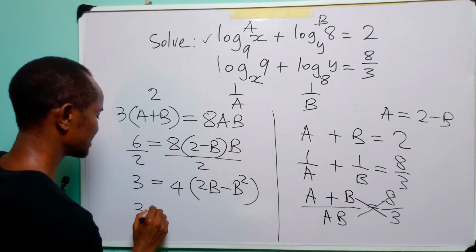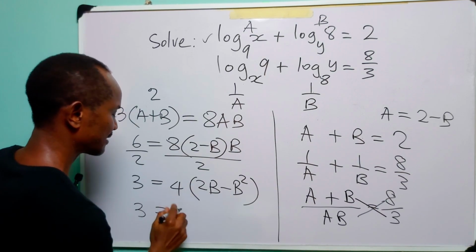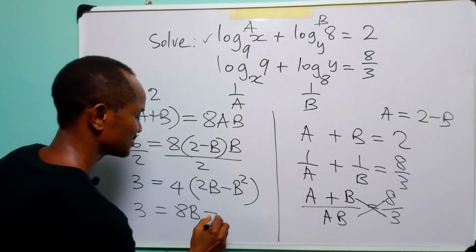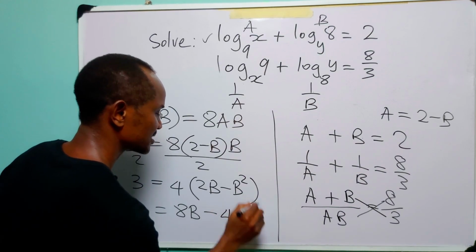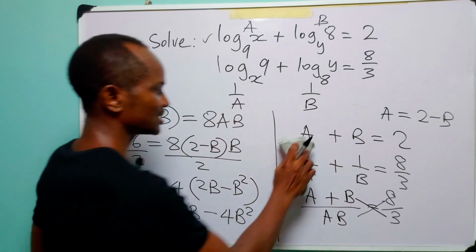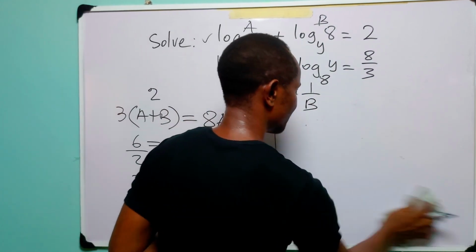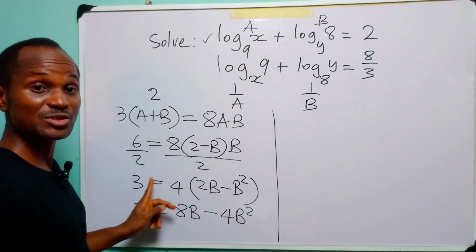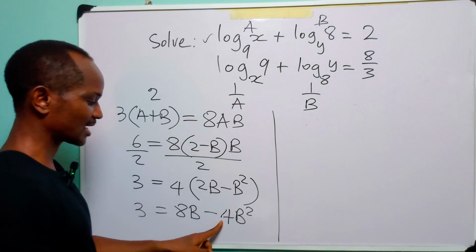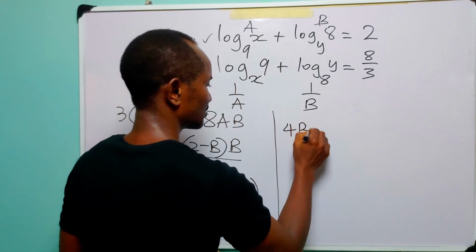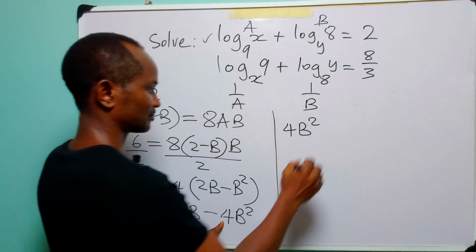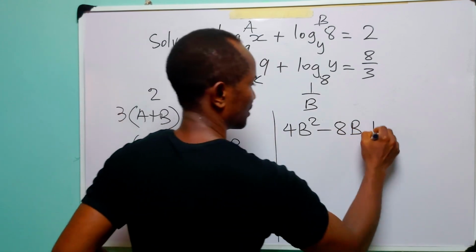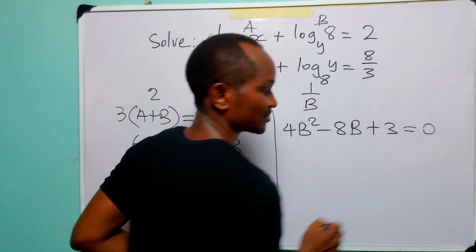So we have that 3 is equal to 4 times 2b is 8b, and 4 times b squared is 4b squared. Rearranging this equation, we can bring all the terms over to the left-hand side, and when we do that, we have that 4b squared minus 8b plus 3 is equal to 0.